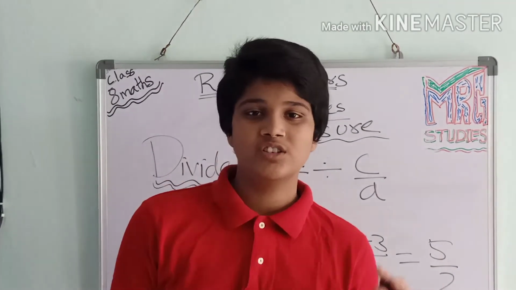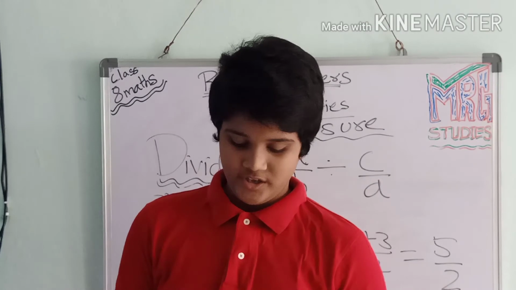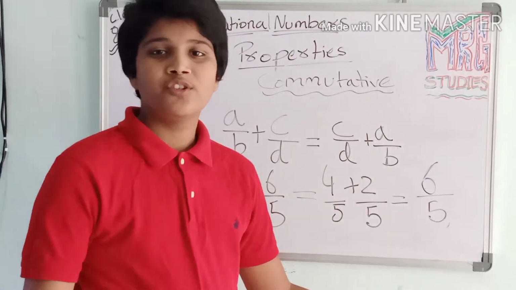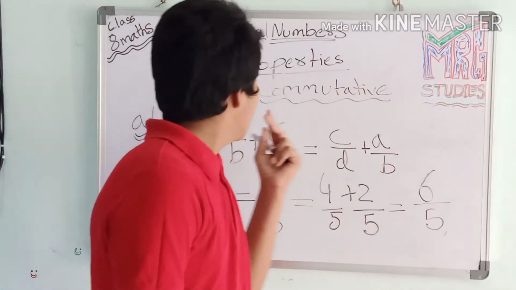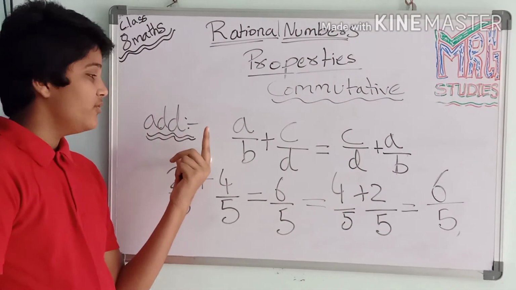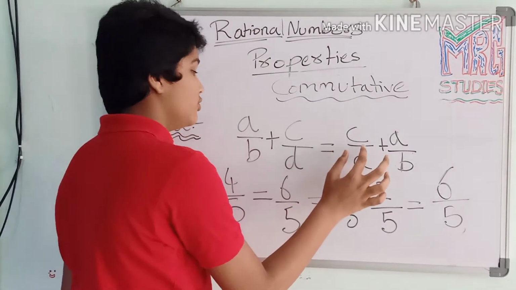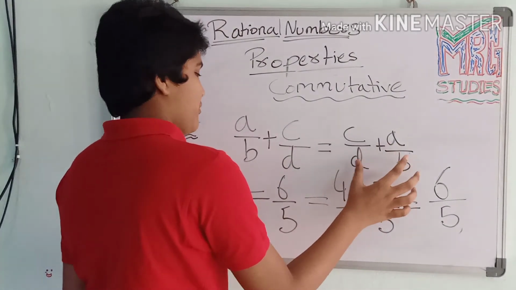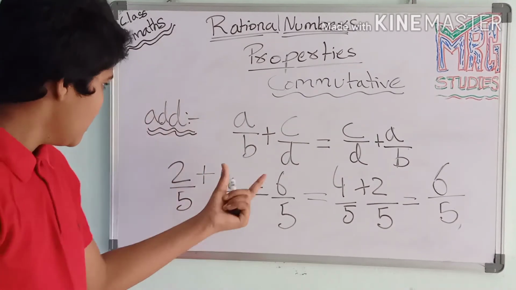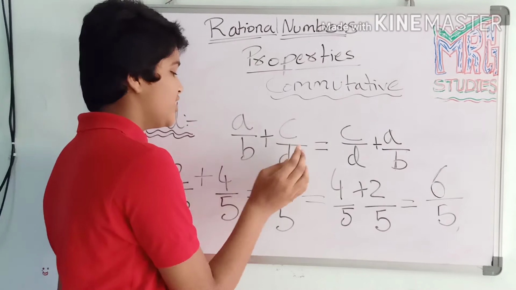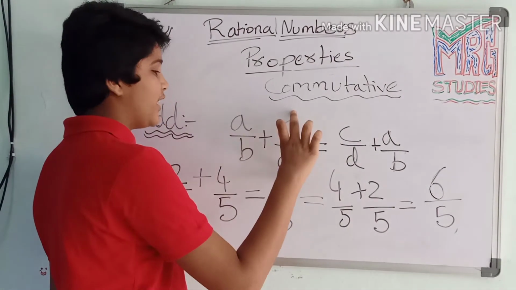Now I am going to tell you the second property, commutative property, in addition. See here, A by B plus C by D equals C by D plus A by B. Means what it is telling, we should reverse these fractions, these fractions to here, these fractions to here.